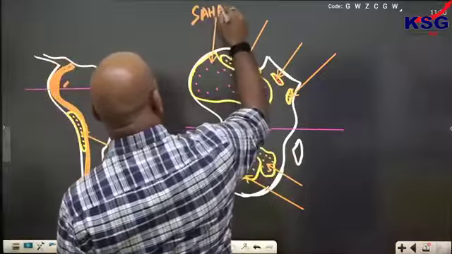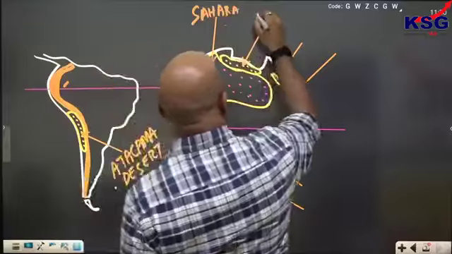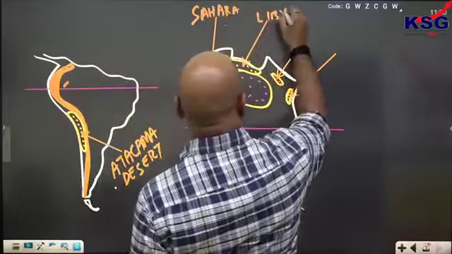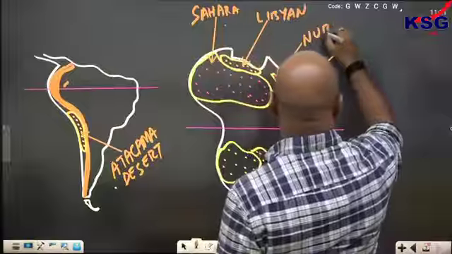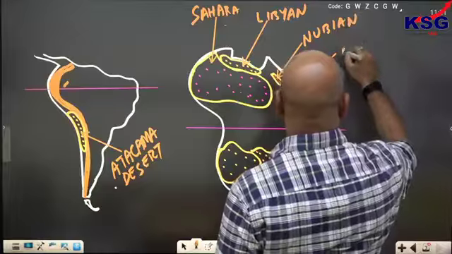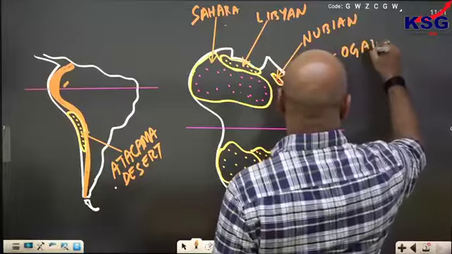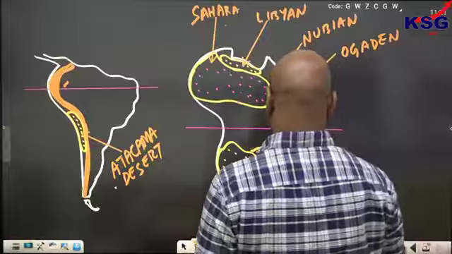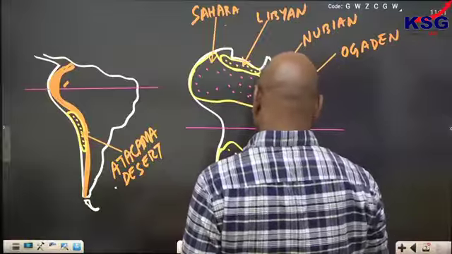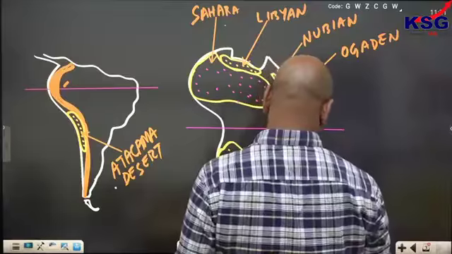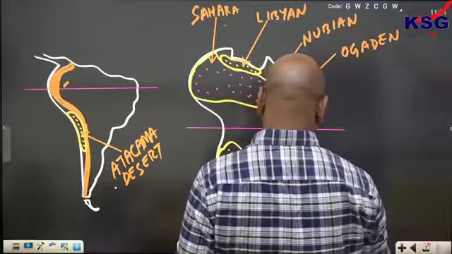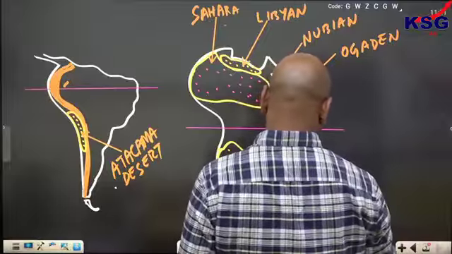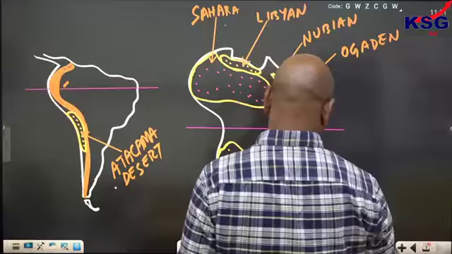This is the Sahara Desert. This is the Libyan Desert. This is the Nubian Desert. This one is the Ogaden Desert. Here is the Namib Desert. Here it is, the Kalahari Desert.